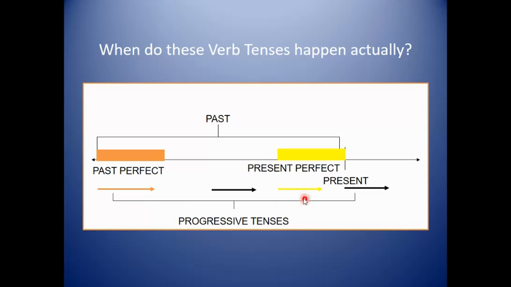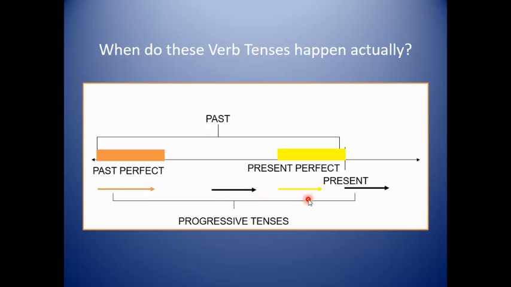Or I have the present perfect progressive, which is something happened yesterday, it happened for a period of time, and then it stopped. We have the present progressive, which is it happened in the present and it's still happening, like I am learning. I'm continuing to learn, so I am learning. The past progressive means it happened sometime in the past and it happened for a period of time, like was crying, and then it stopped.